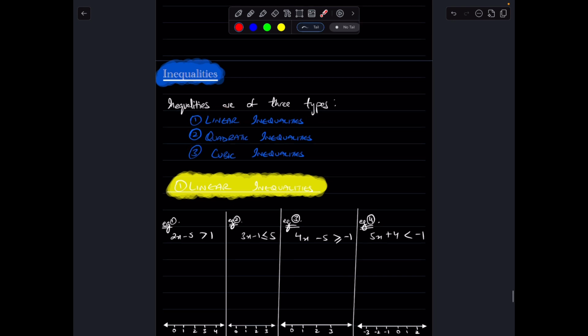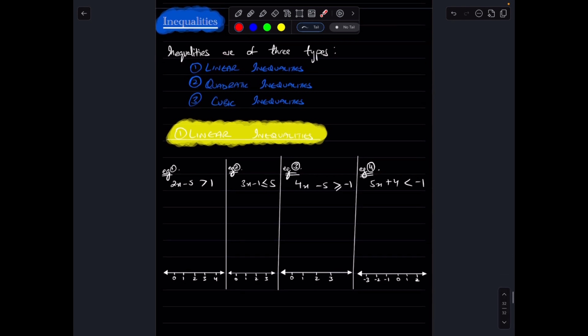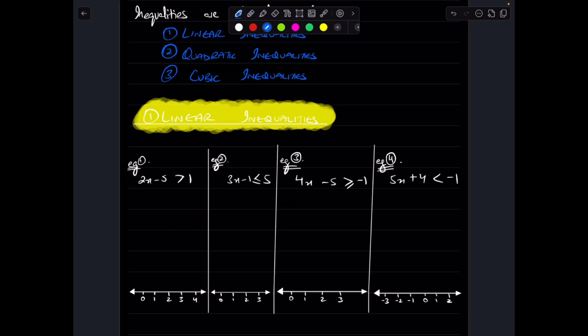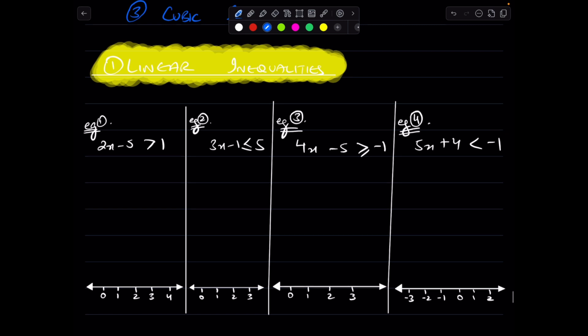So, first of all, let's learn how to solve them. That is the step-by-step isolation of x. So, in the first example, we'll take 5 on the other side. So we have 1 plus 5, and then we have 2x is greater than 6 and x is greater than 3.